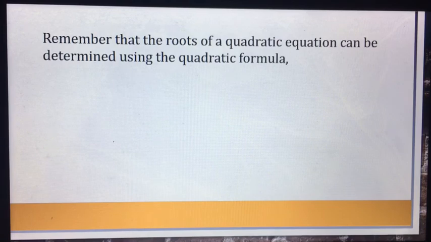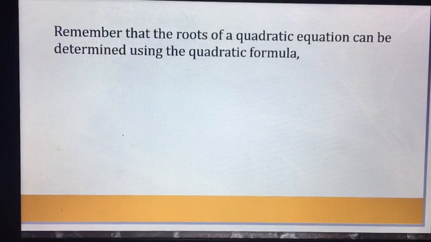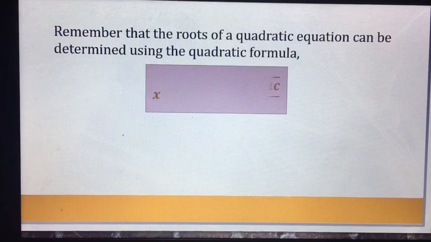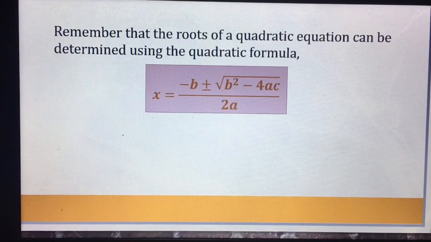Remember that the roots of a quadratic equation can be determined using the quadratic formula. Our quadratic formula is x equals negative b plus or minus the square root of b squared minus 4ac, all over 2a.